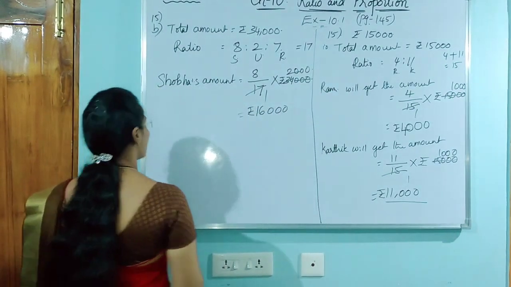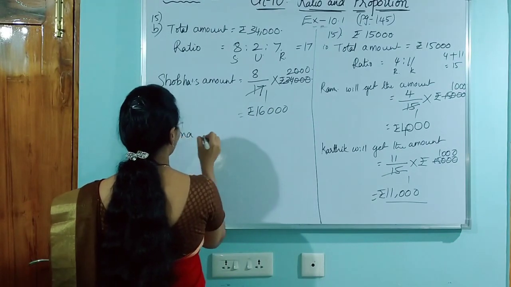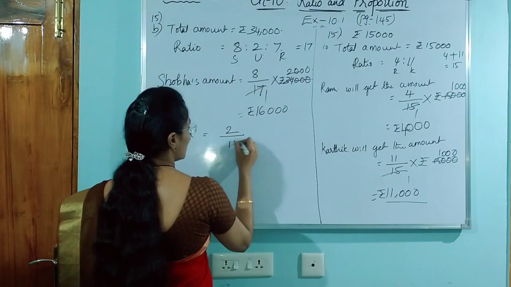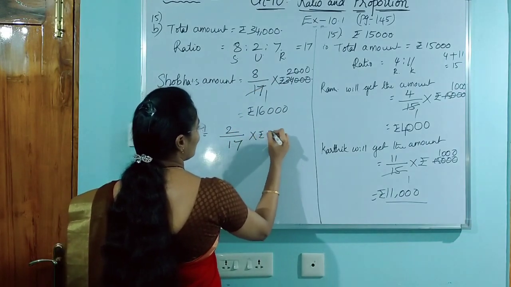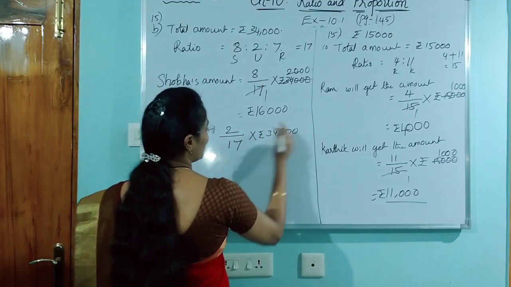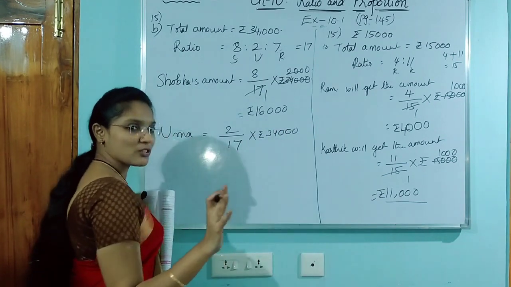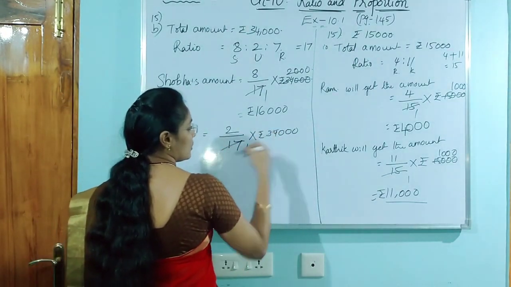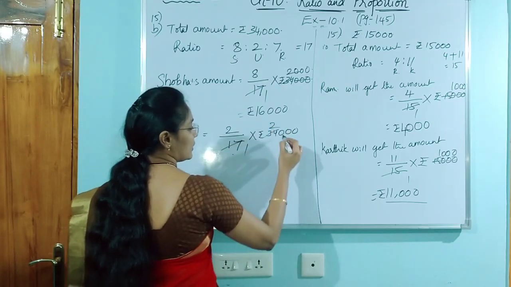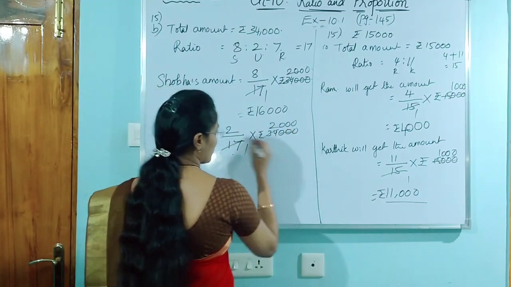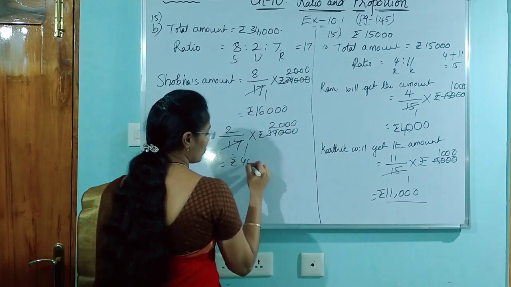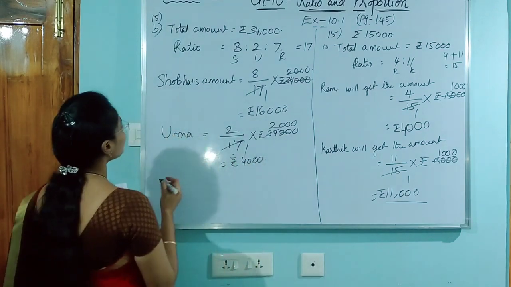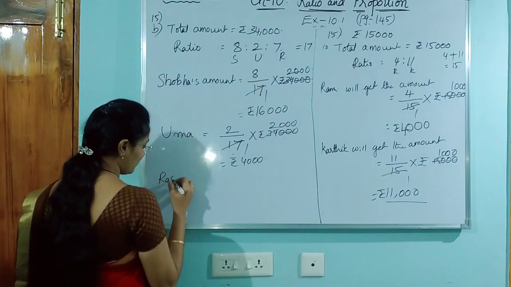Okay. Next, Uma. Uma's term is what? 2 by sum of the terms, 17, into rupees 34,000. This whole cross cancellation procedure will remain the same. Only the multiplication may go wrong. 17 ones are 17, 17 twos are 34, the same zeros follow. So 2 into 2000, 4,000 rupees is Uma's amount. Last, Roshan.